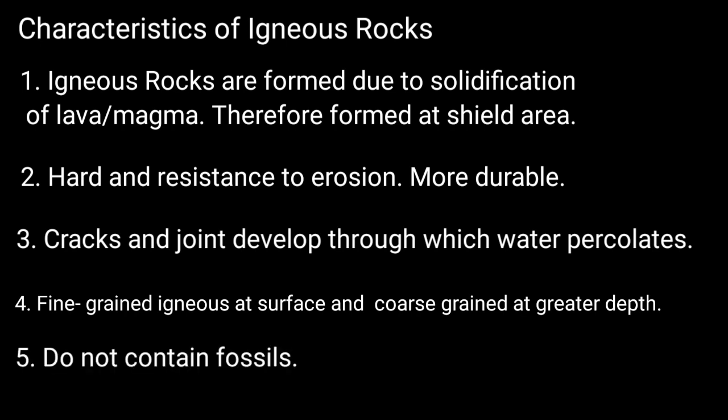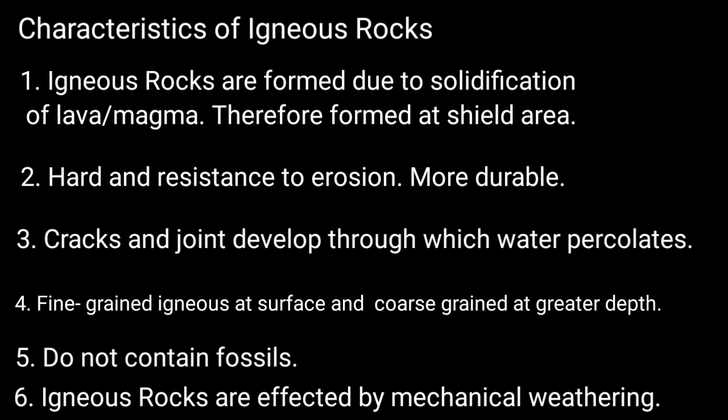Fifth, these rocks do not contain fossil fuels such as coal, crude oil, natural gas, because igneous rocks are formed due to the solidification of hot and molten lava or magma. Sedimentary rocks, on the other hand, contain fossil fuels like coal and petroleum.